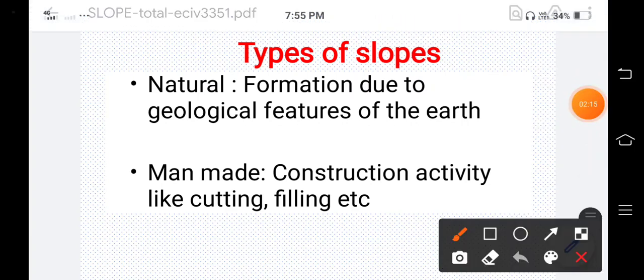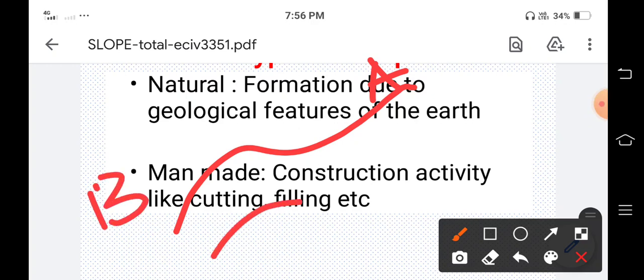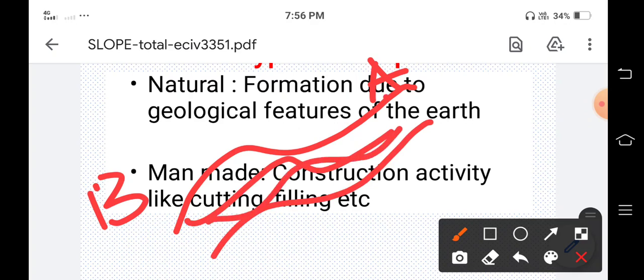Let us consider, suppose this is point A, which is at higher elevation, and point B, which is at lower elevation, and this is the whole soil strata. Due to the action of gravity, this soil sample will slide and fall downward from point A to point B. So here gravitational force plays the important role.